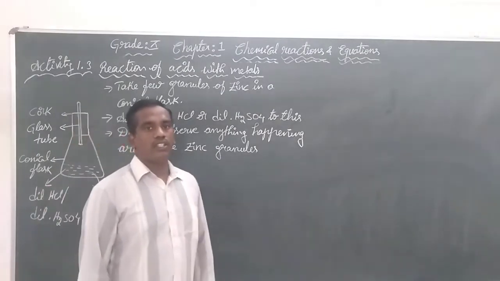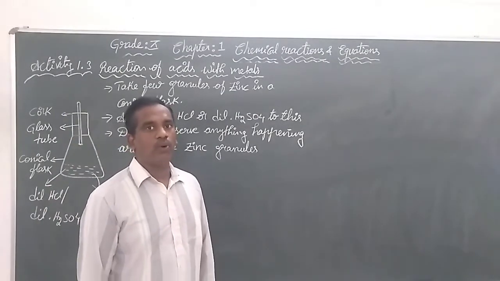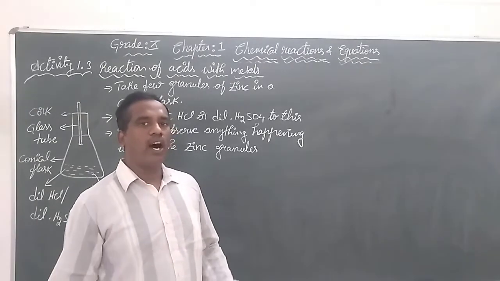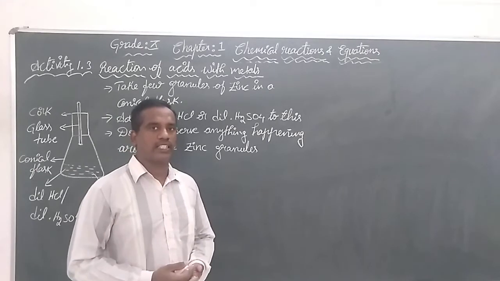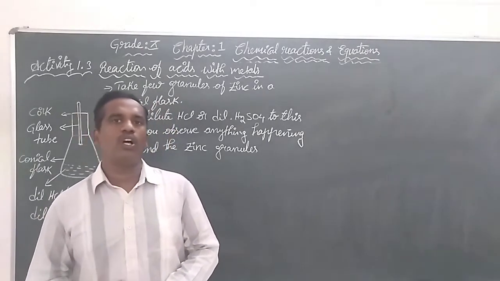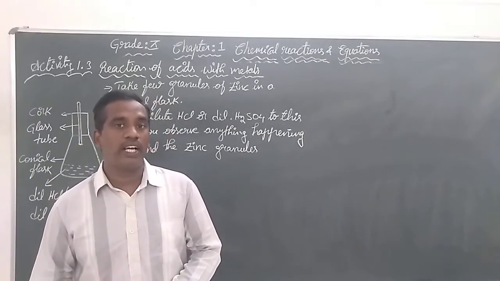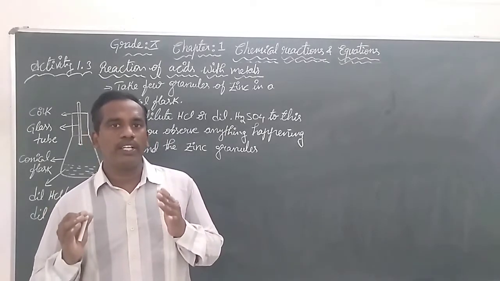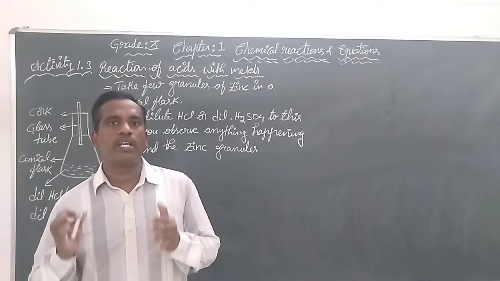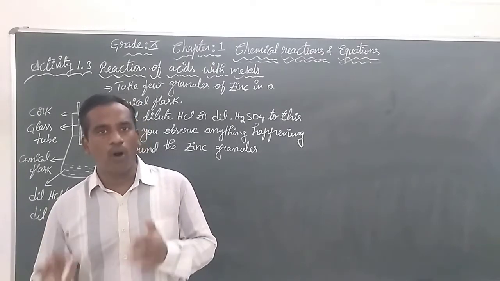In this session, we are going to continue with the next observation that we can make during a chemical reaction. Up to now, we have made two observations in chemical reactions. That is, when a magnesium ribbon is burned, it forms powdered magnesium oxide.